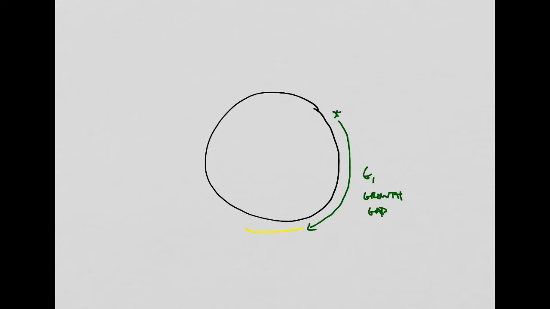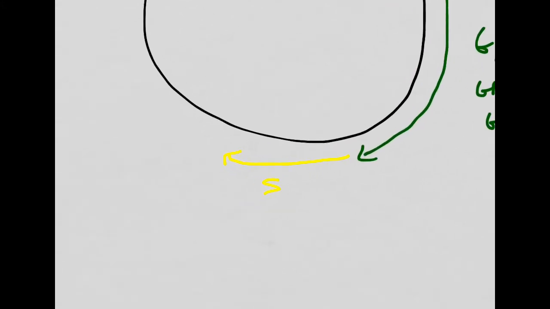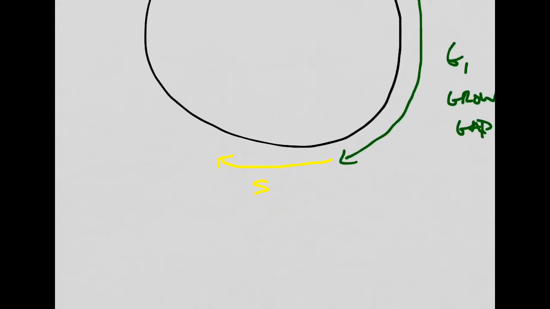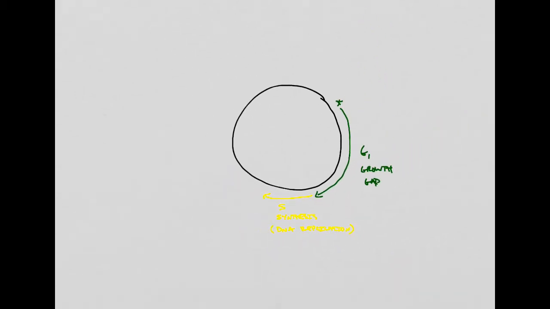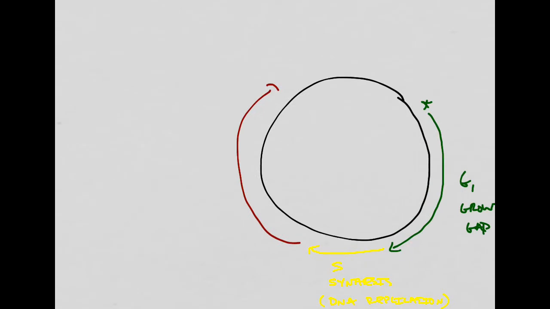The next part of the cell cycle is the S phase, and this stands for synthesis. And during this phase, DNA replication is occurring. The next part of the phase, I'm going to give it a red arrow right here, is called the G2 phase.